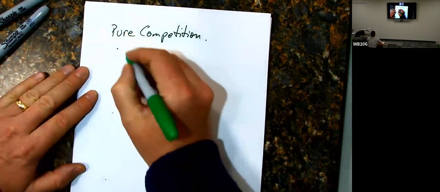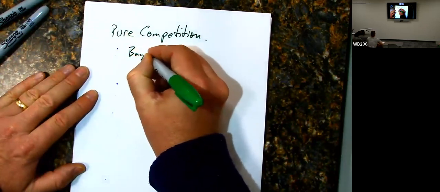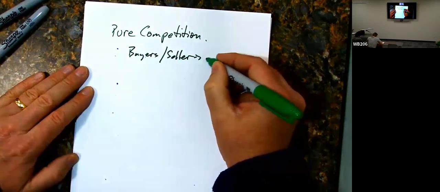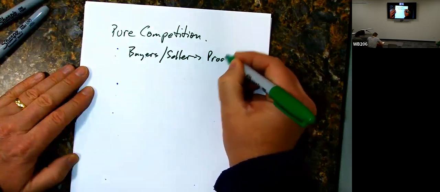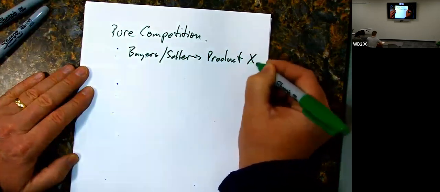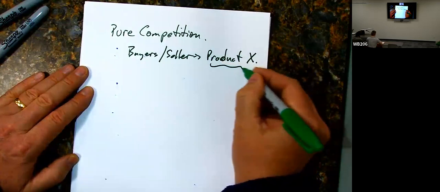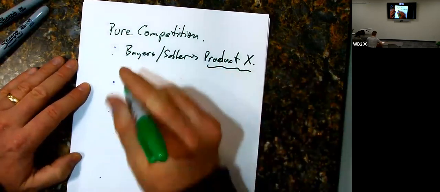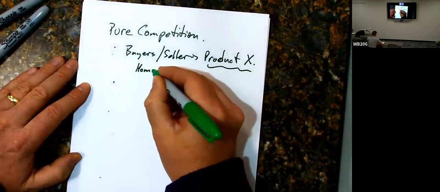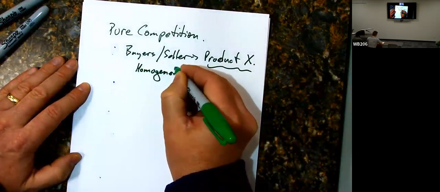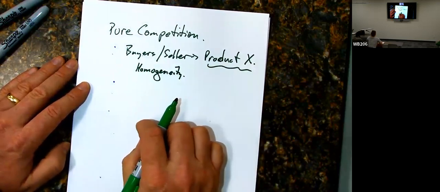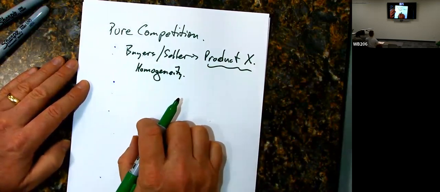So pure competition means that both buyers and sellers have a particular product in mind, and there's very little differentiation amongst the qualities of those products. I've mentioned this before, we call that homogeneity of products. There are many buyers, there are many sellers in this market.